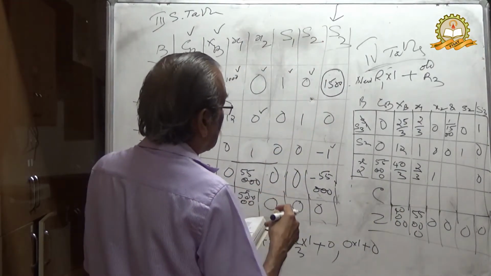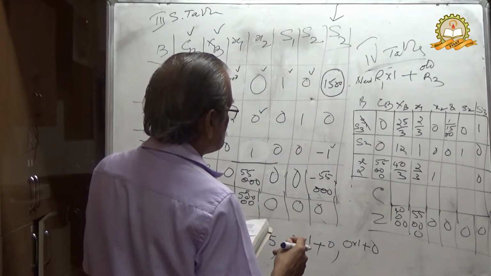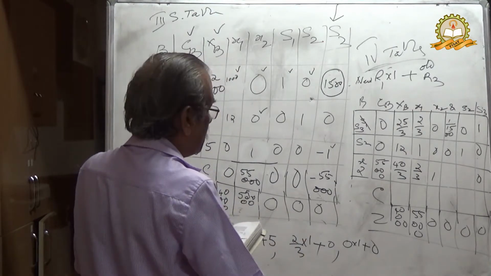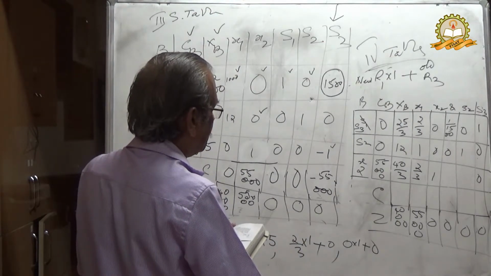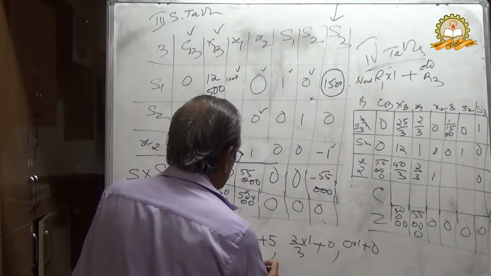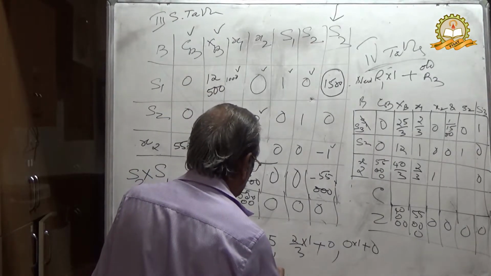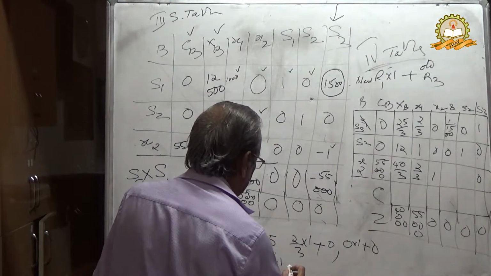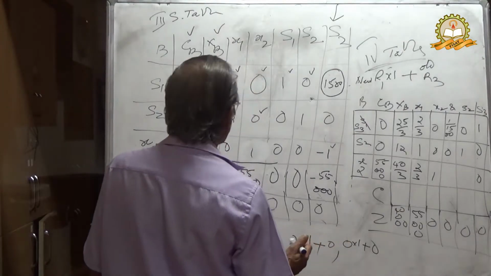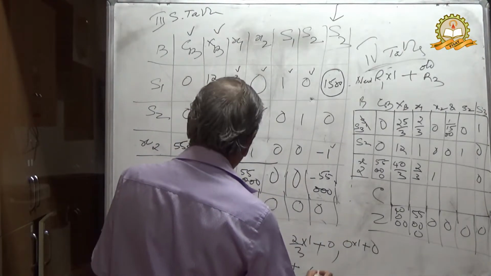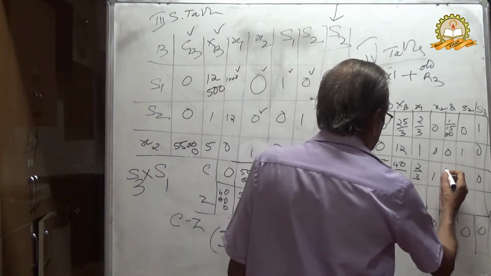Then under S1, you have 1 by 1500 into 1 plus old R3 under S1 0. Therefore, you have 1 by 1500.